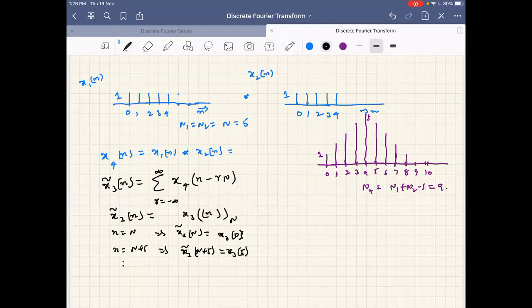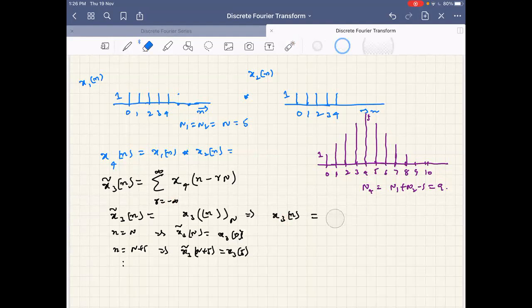This gives us one period of x3. Which are the terms that will be non-zero, that will have overlap in the 0 to n region? Those terms we have to consider while writing this x3 of n.